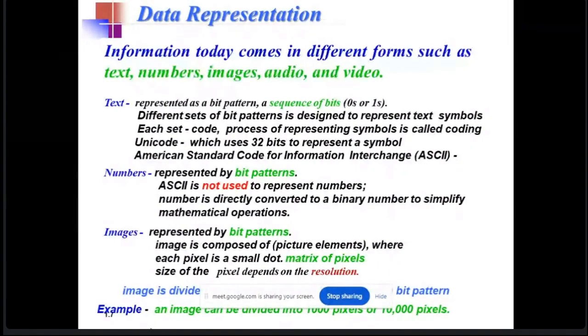Each pixel can be represented as a small dot. The size of the pixel depends on the resolution. If a big image is divided into pixels, each pixel can be assigned a bit pattern.